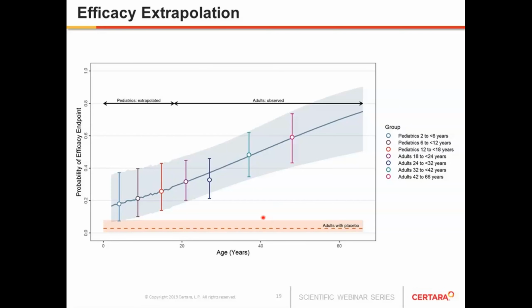The age-dependent change in efficacy observed in adult patients was well described by this model, and the simulations suggested a treatment effect statistically in favor of the drug over placebo for all pediatric age groups, with the lower limit of the 95% CI for the predicted mean probability in treated pediatric patients above the upper limit of 95% confidence interval for the observed adult placebo data.